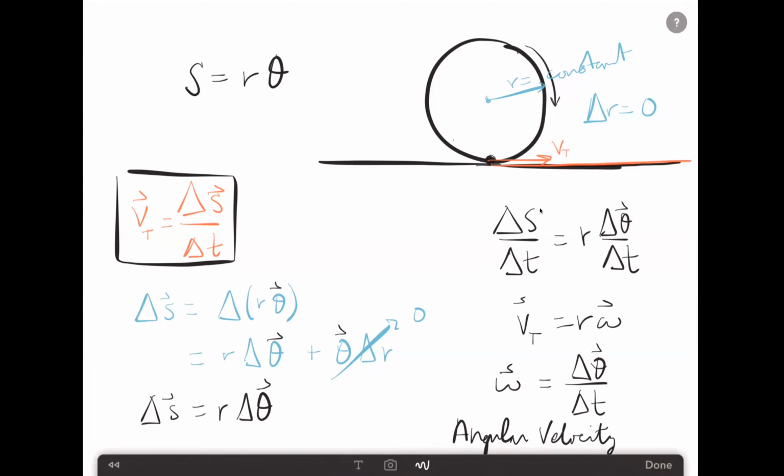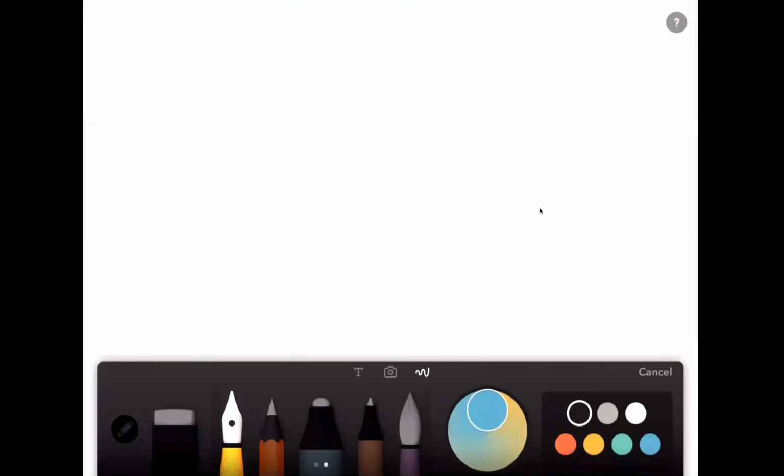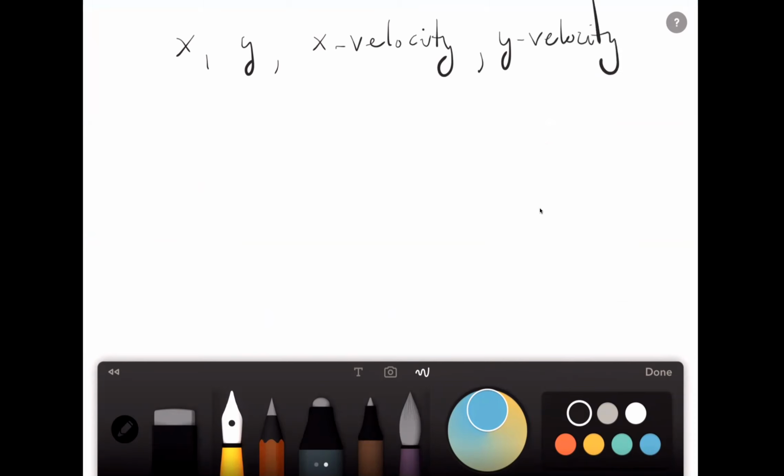And so we're going to be using this equation. We're going to find our tangential velocity using Pythagorean's theorem. Basically, we have values for x, y, x velocity, and y velocity. So we know that we have x, we have y. We can find r using Pythagorean's theorem.